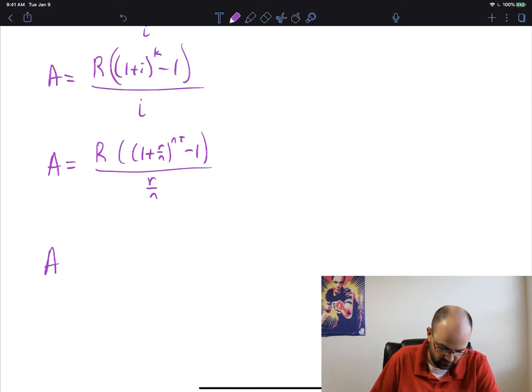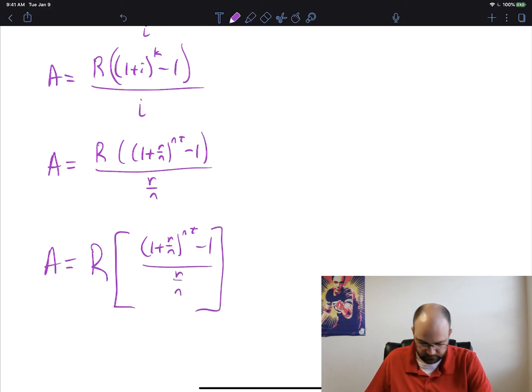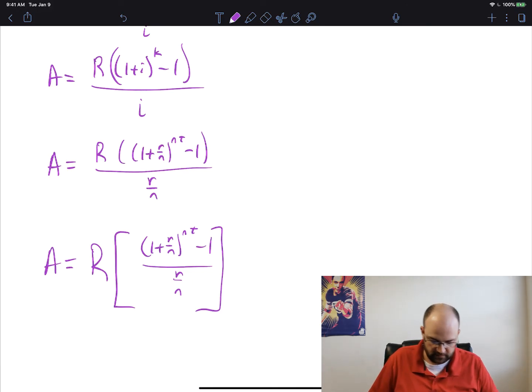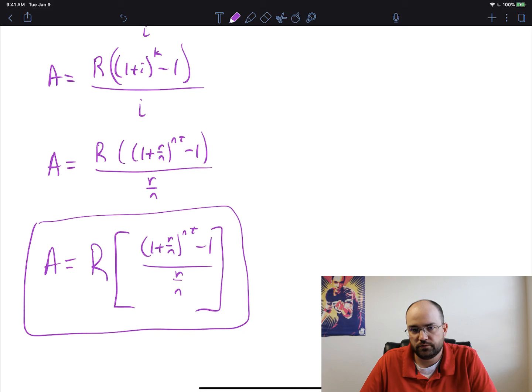So the final formula that I'm going to give you here is this one. Okay, good deal. This is the future value for an annuity.